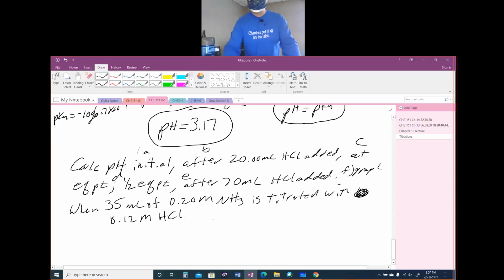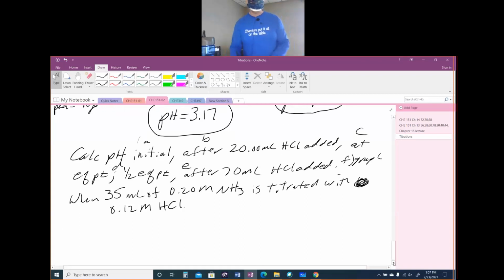We have a titration going on, and in our Erlenmeyer flask, we have our NH3, 35 mils of 0.2 molar, and then in a burette, we're going to slowly add our HCl until we get our color change, and we know that we are at the end point. So the initial pH is, what's the pH of the NH3?